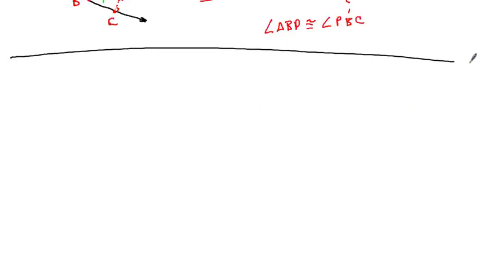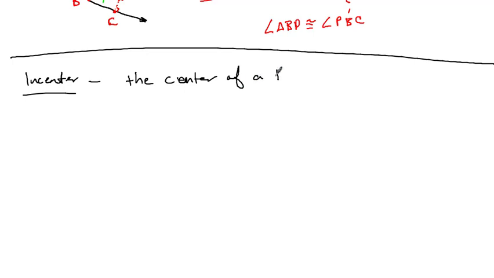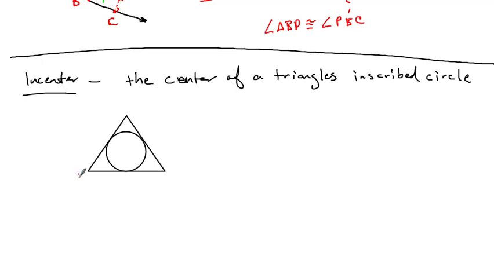All right, we're on to the last little bit. We got one more definition, an incenter. Okay, we just did circumcenter, now we have incenter. That's the center of a triangle's inscribed circle. So this is kind of what that looks like. There is a circle inside the triangle.